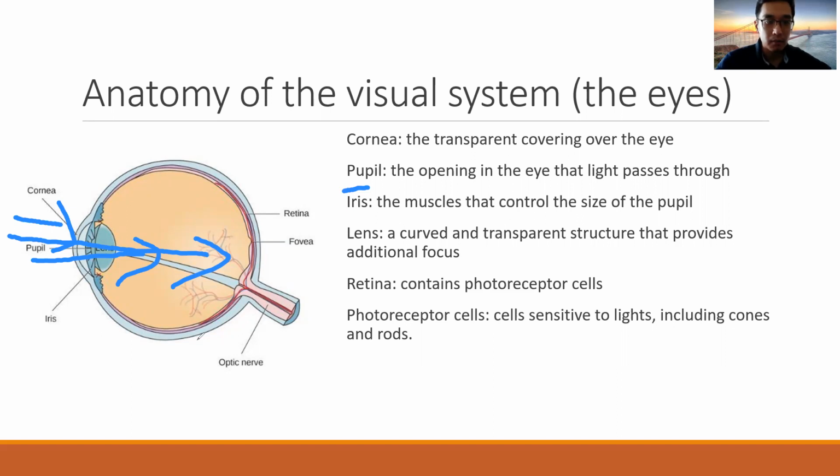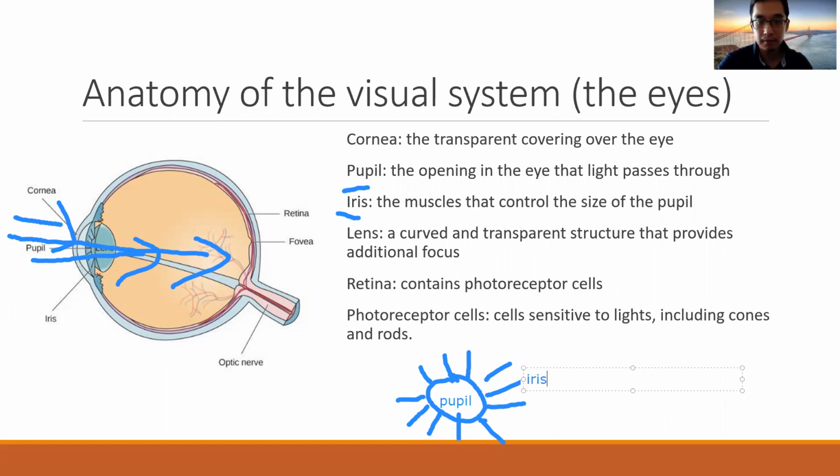And there is the iris. So the iris is a group of muscles that surrounds the pupil. So you can see the pupil is a small hole, and the iris surrounds the pupil. So here is the pupil, that's the hole, and this part is the iris that surrounds the pupil.